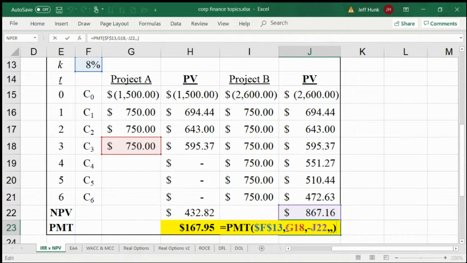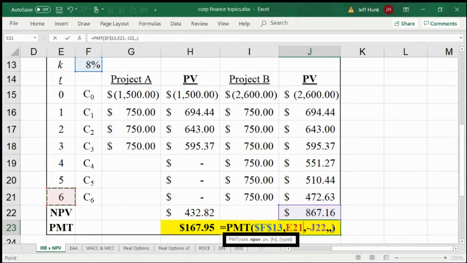F13 is the rate, G18, this is actually where what should go in there is n periods, right? So n periods is 6. And then present value, J22, you make it negative, right?